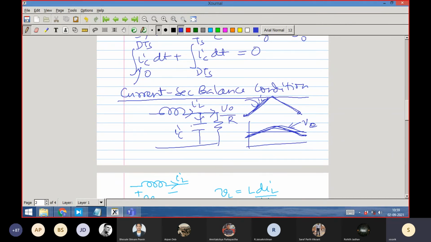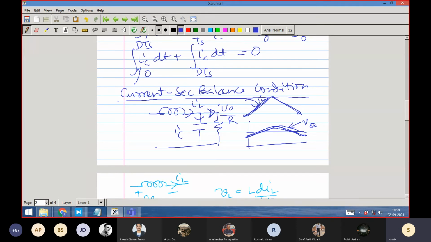I may assume that the load current is constant. V0, I will assume that too, but it doesn't mean the capacitor current is constant, because the capacitor current is C dV0 by dt. V0 being constant doesn't mean assuming that dV0 by dt is constant within the period. Within the period there is a change in dV0 by dt. But the change is insignificant.